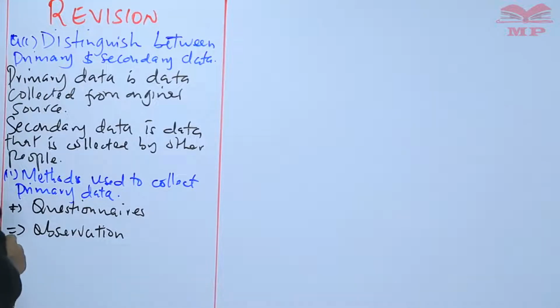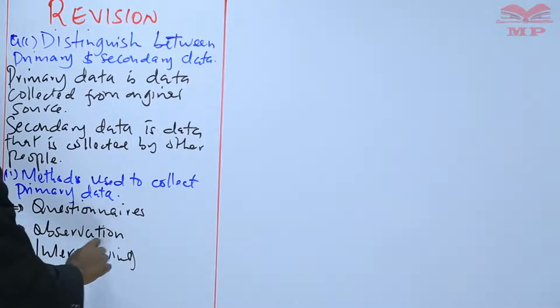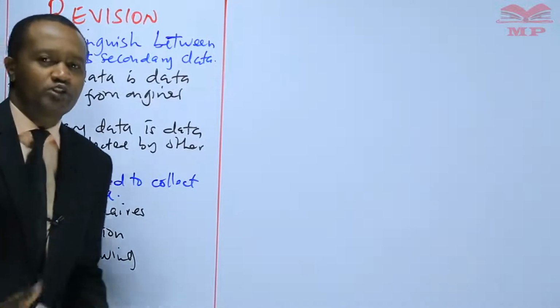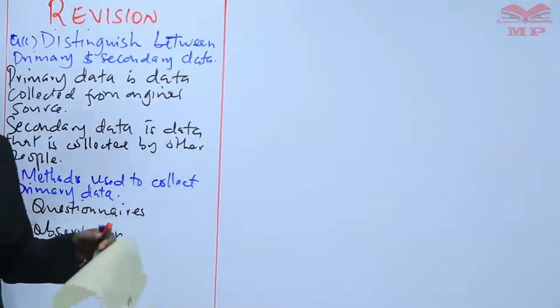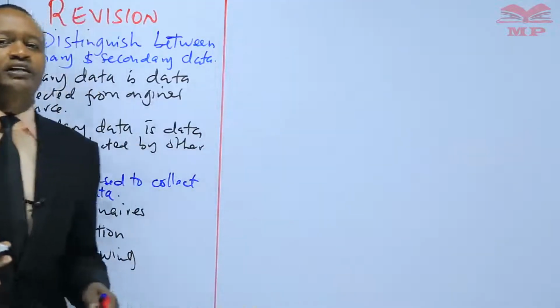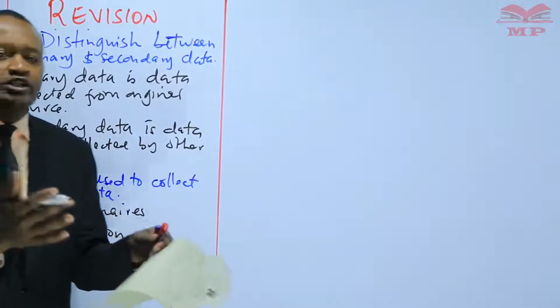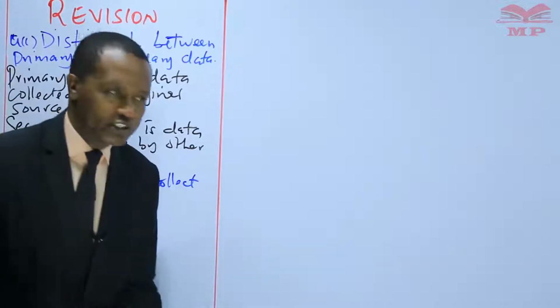Another method is interviewing. Interview method entails a conversation between the interviewer or the investigator and the respondent, whereby the interviewer asks questions pertaining to the research and the respondent answers the questions.